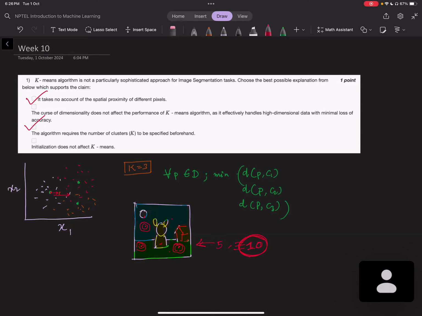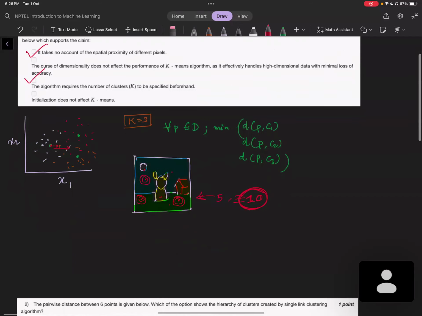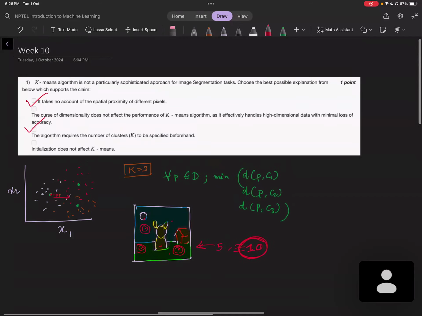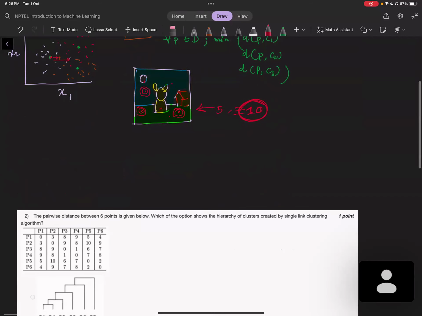Hence this is not an efficient way of designing it, because we cannot run the algorithm for each image to give us the segment map. So this is the reason A and C are correct. I explained it a lot because this is the only question.